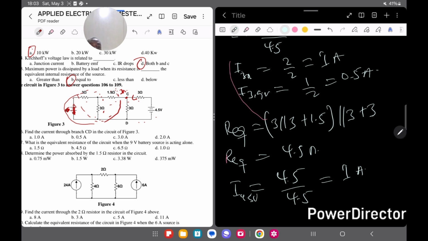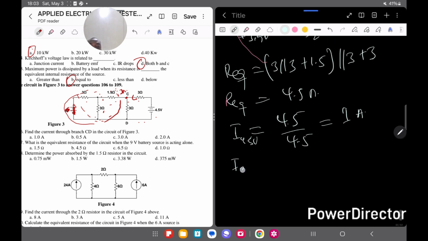So here too, the first one will be 1 divided by 2, which is 0.5 ampere. So we get 1, so here will be 0.5, and this one is also 0.5.